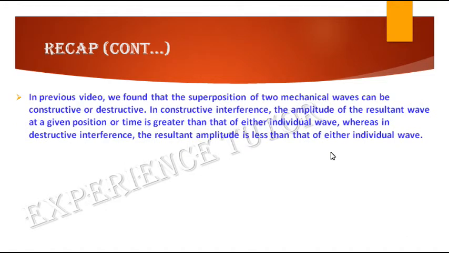In the previous two videos, we found that the superposition of two mechanical waves can be constructive or destructive. In constructive interference, the amplitude of the resultant wave at a given position or time is greater than either of the individual waves, whereas in destructive interference, the resultant amplitude is less than that of either individual wave.